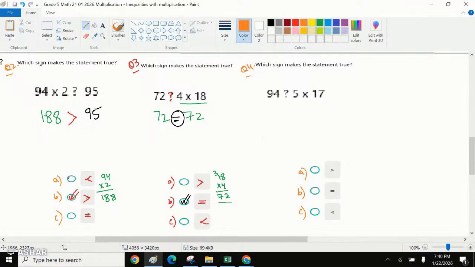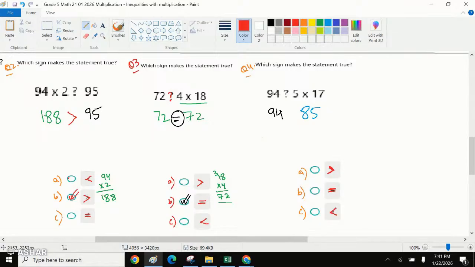Okay. That means 94 stays as 94, whereas 17 multiplied by 5 was 85. Agreed? So which number should be greater, 94 or 85, out of these options? Option A, option B, and this is option C, right?